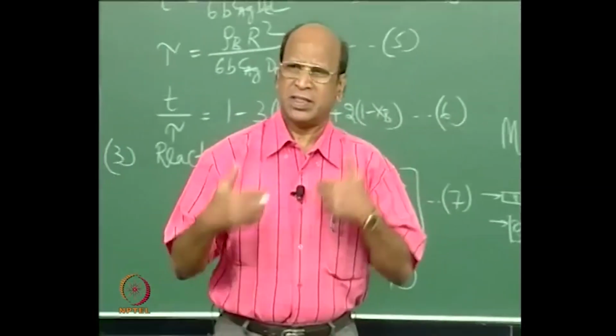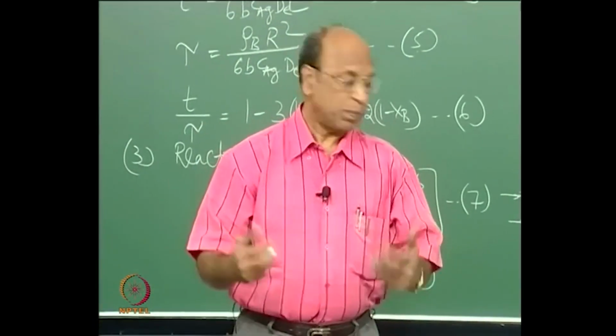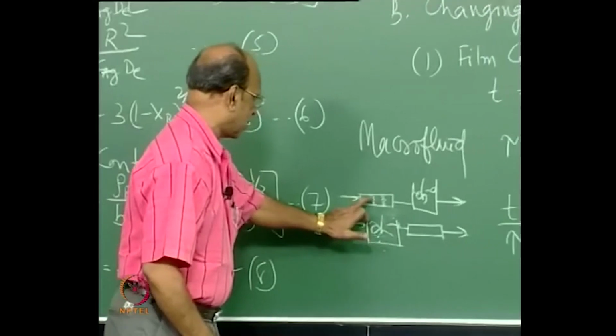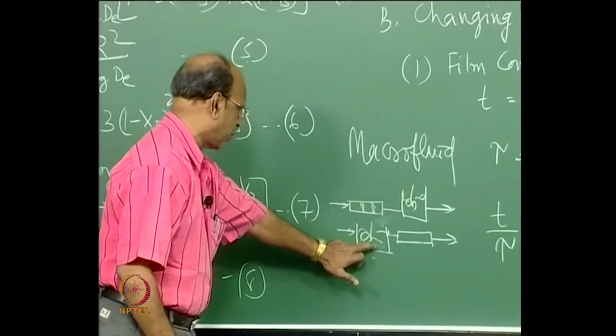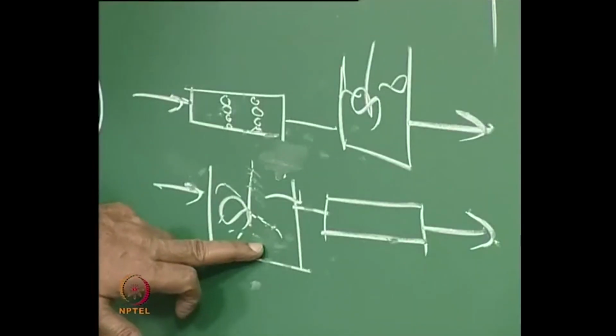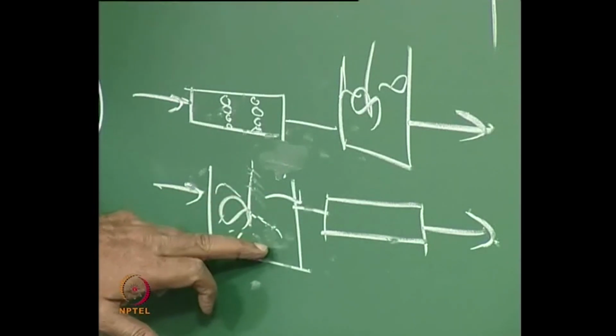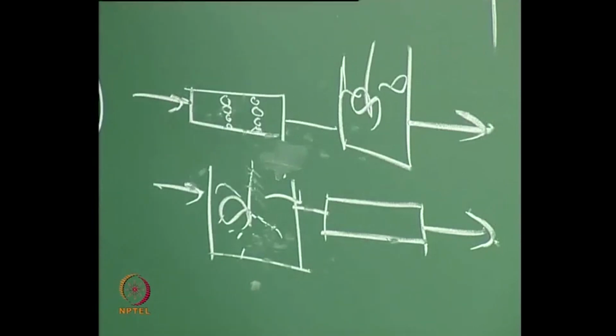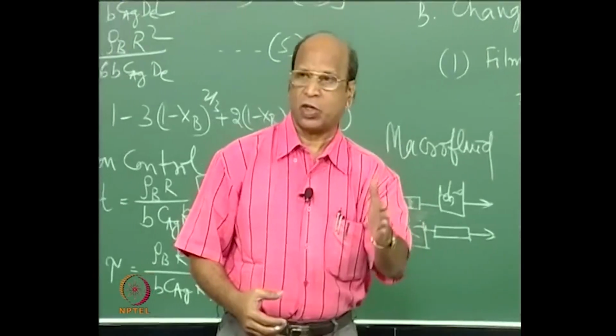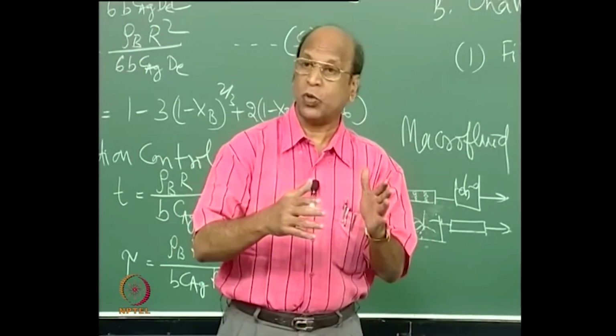So, again it is easy for me to imagine for plug flow, but if I put these same packets in the mixed flow reactor, then by definition the residence time distribution, that means molecules coming from the start to end, is 0 to infinity.